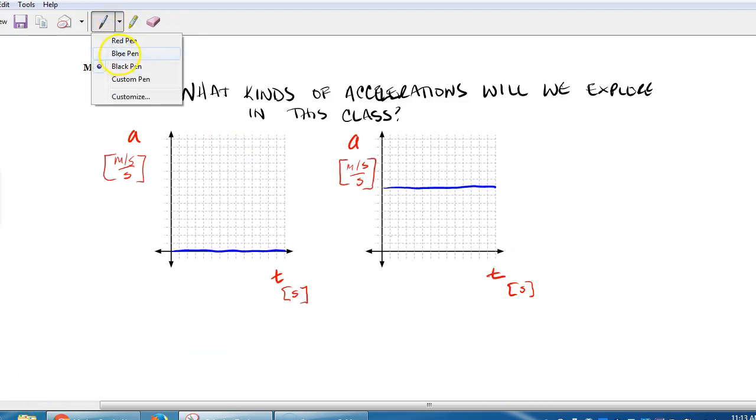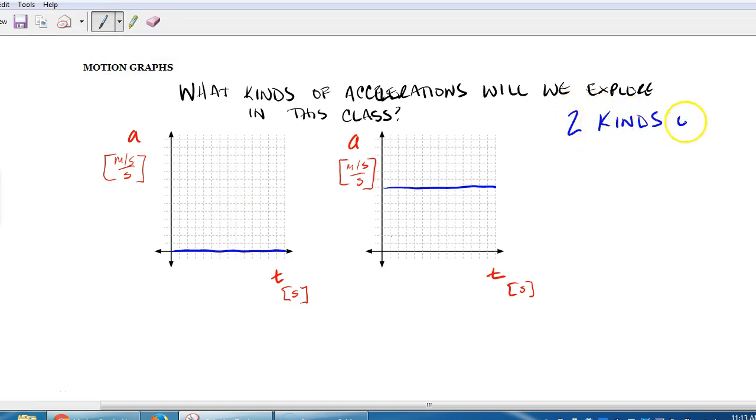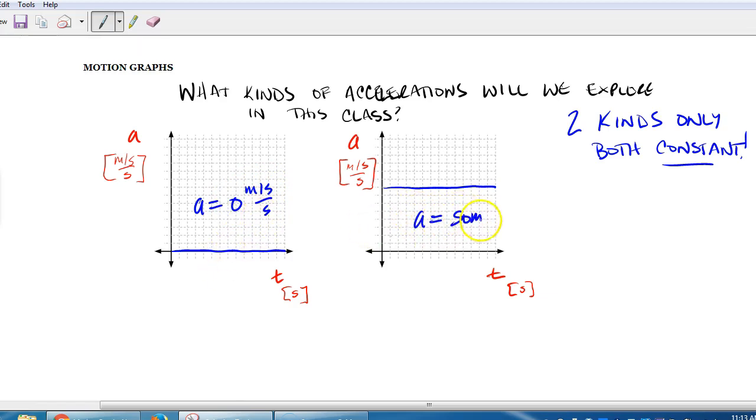That's okay. Last but not least, we want to talk about what kind of accelerations we're going to explore in this class. We really are only looking at 2 kinds. They're kind of the same kind, but I just want you to see what they look like graph-wise. The first one was what we did in Unit 1, and that is when there's no acceleration. So the motion is constant.